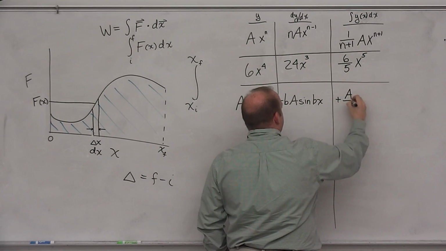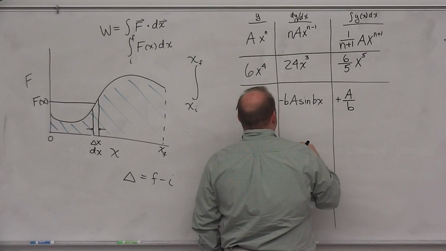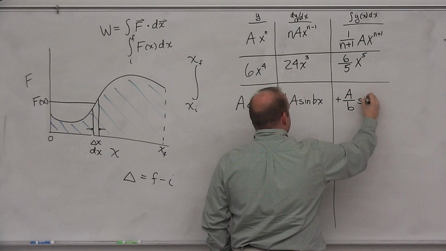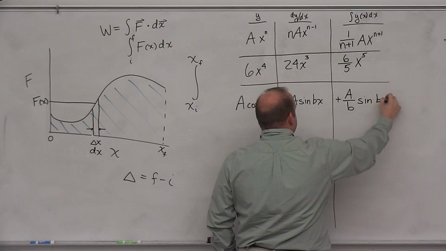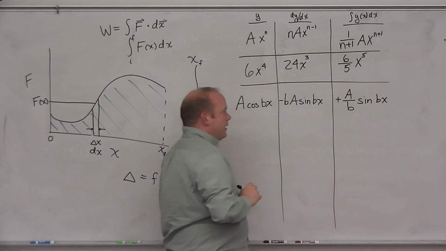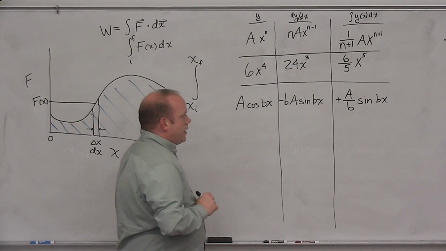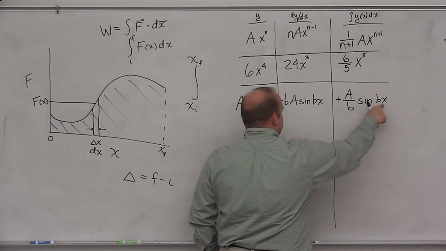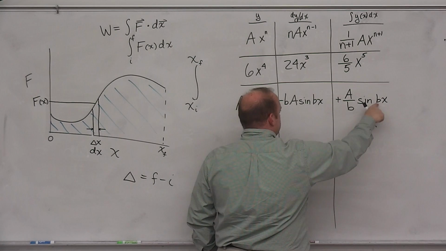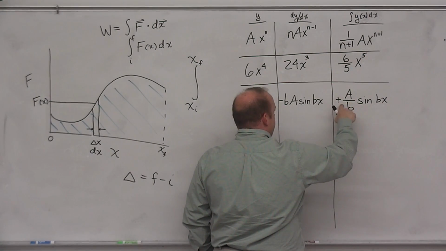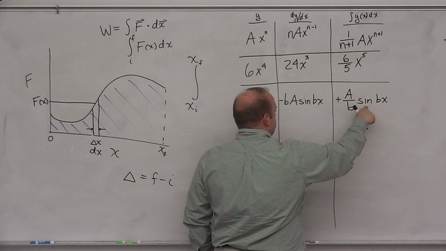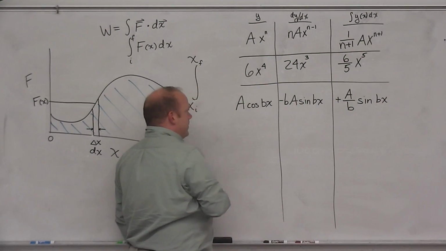A over b sine of bx. You have to take the derivative of what's inside here, so that's b. That leaves you with a. Take the derivative of sine, get cosine. A cosine bx checks out.